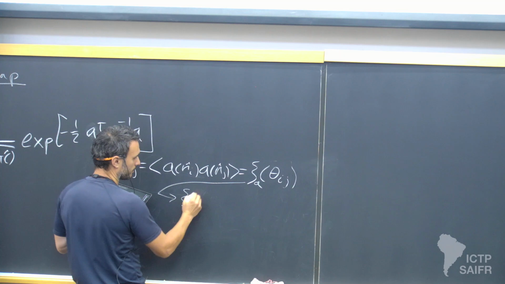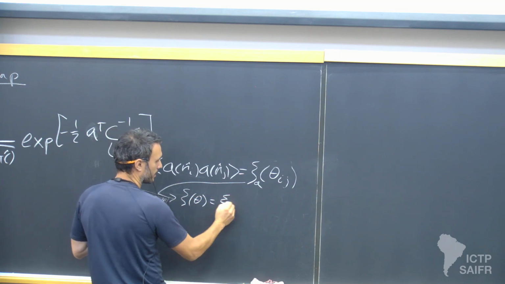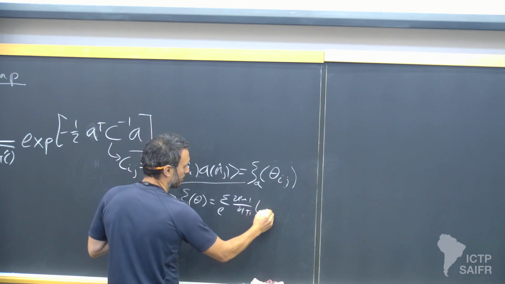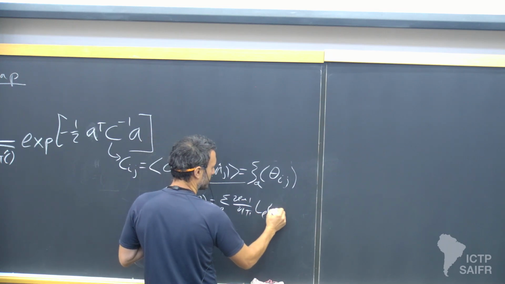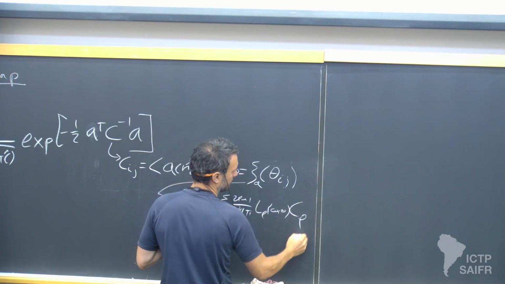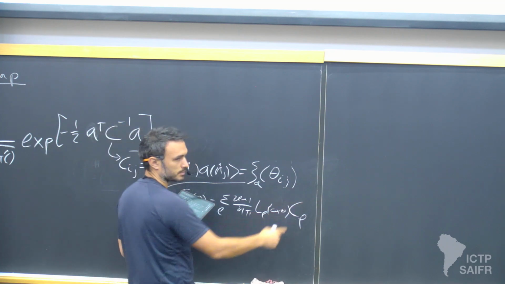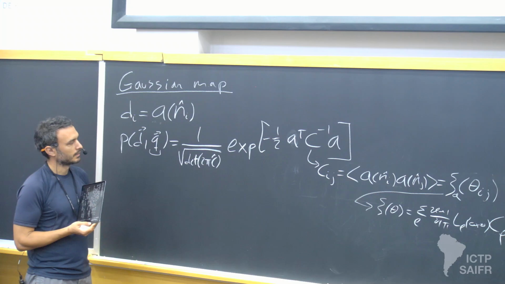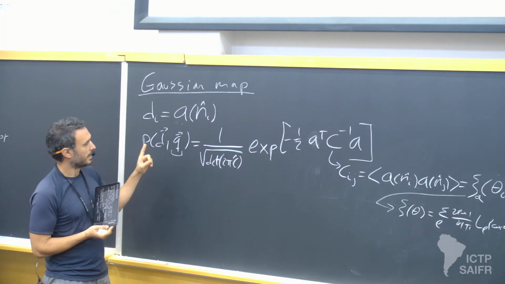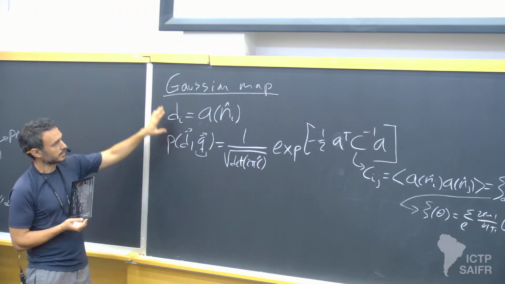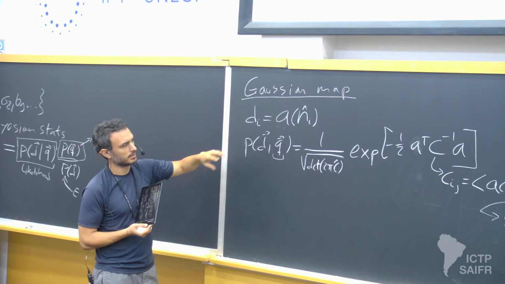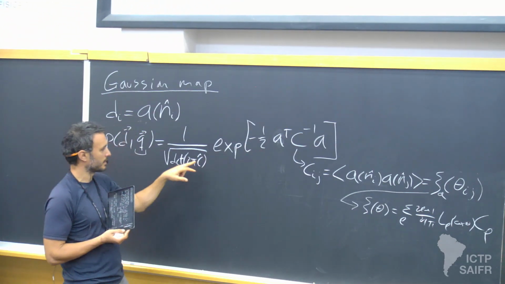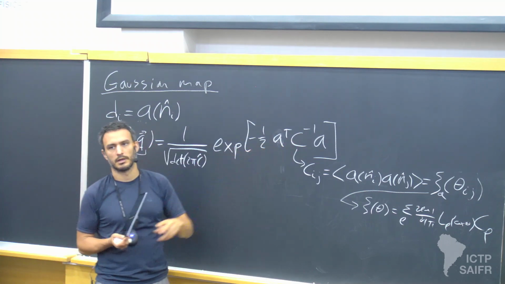Remember, psi of theta was the sum over all the multipoles of (2L plus 1) divided by 4 pi, times the Legendre polynomial of cos theta, times the C_L of our data. And the C_L depends on cosmological parameters. Okay, so in the case of a Gaussian map, we could construct a Gaussian likelihood where all the parameter dependence is encoded in the covariance matrix, which appears both here and here. And that would be the end of it.